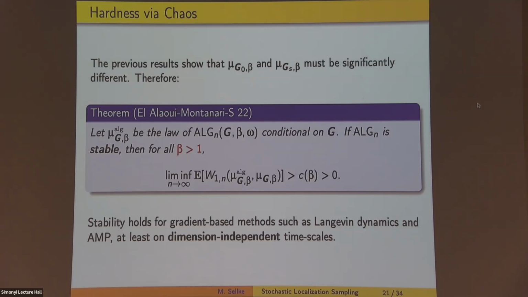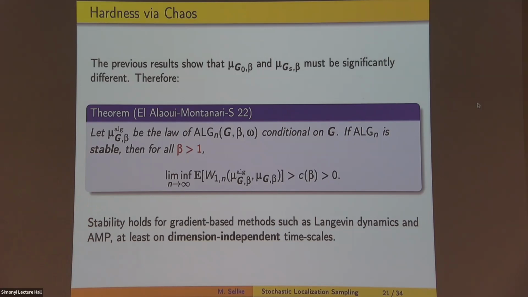But this result only holds for your algorithm, or for all algorithms? I mean, it holds for any algorithm that has the same kind of stability property. And this kind of stability property will hold for things of a generally similar flavor, if you do things like Langevin dynamics. So no stable algorithm will work. Yeah, no stable algorithm.